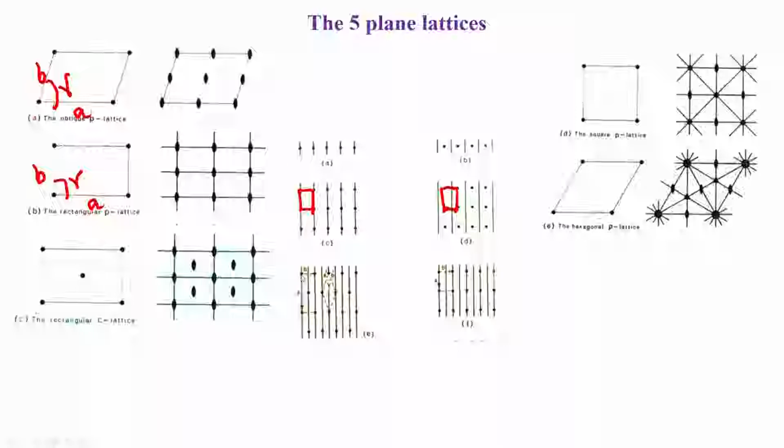So, we have this point, this point, this point, and this point, and between them we interleave this one now. Because of the fact that we interleave this one, this one has come in between, and that also has a line of symmetry by definition which we have given here, and therefore, now we see that there are lattice points at these 4 points and also a lattice point in the middle, and this now defines a different kind of a rectangular lattice which we call the rectangular C lattice.